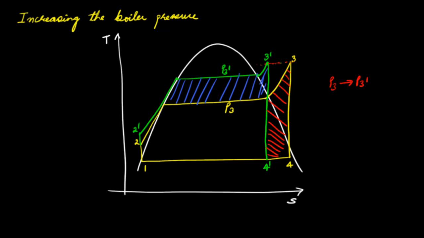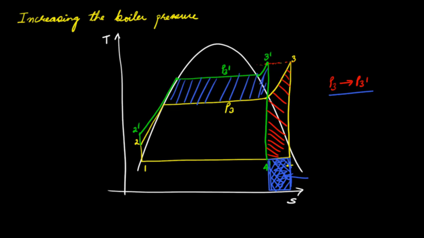However, if we look at the amount of heat that is rejected, the change in pressure from P3 to P3 prime results in a decrease in the heat that is rejected, and that's because this amount of heat that is shown by this area in the green color is not rejected by the Rankine cycle.